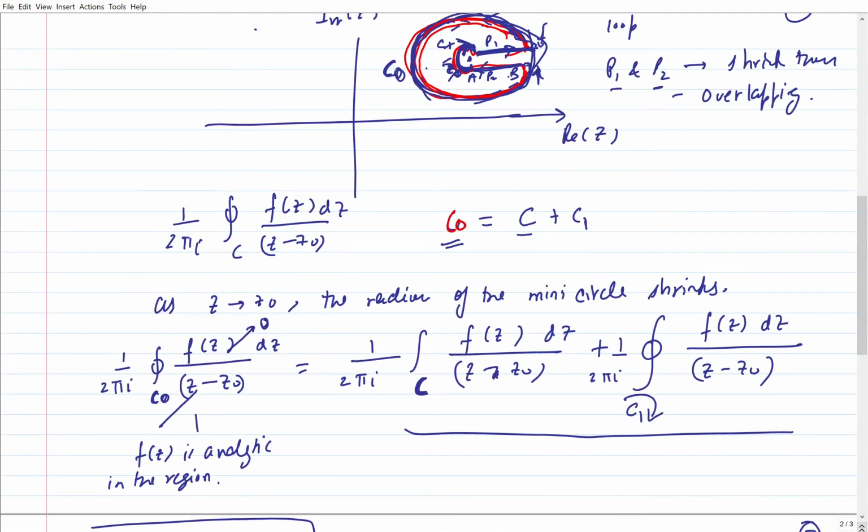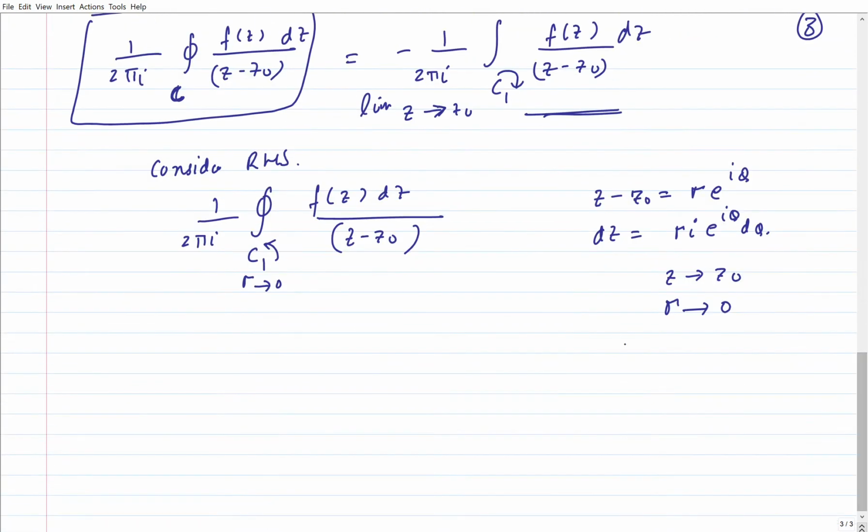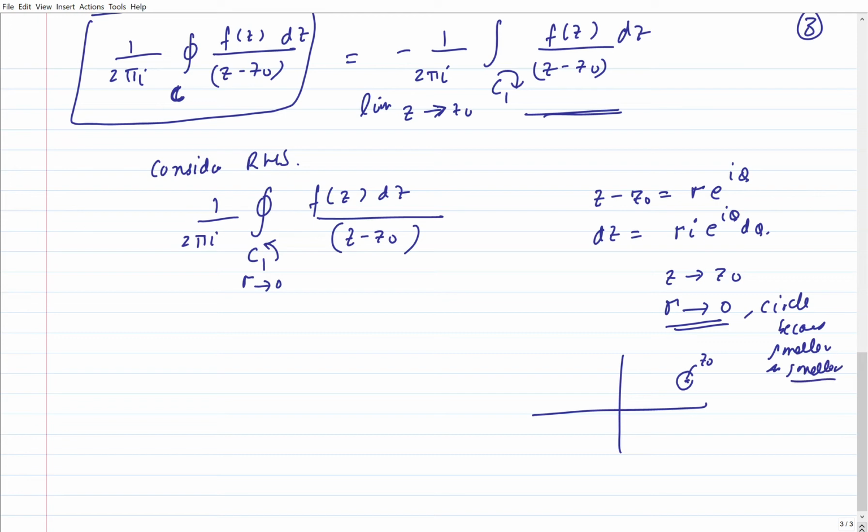As my contour path approaches the point z0, the radius goes to 0, and the circle becomes smaller and smaller, but with a constant radius. So that's my differential element. I still will have to traverse the whole 0 to 2 pi to integrate it.